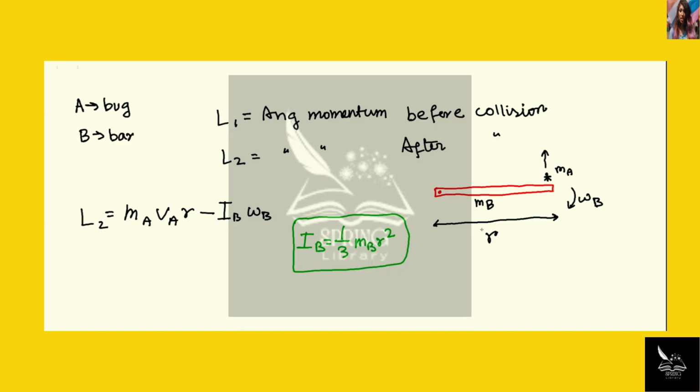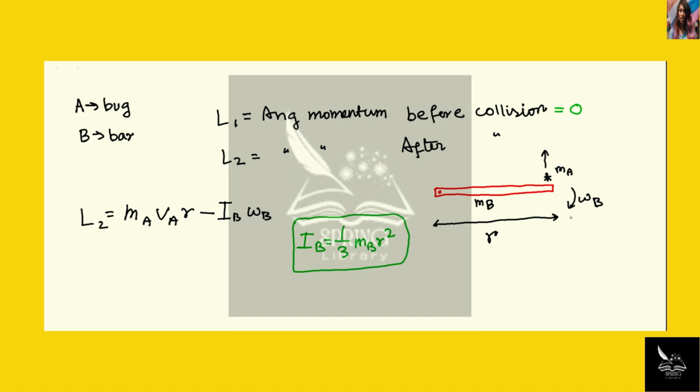So if we apply conservation of angular momentum here, we see that before collision, the angular momentum is zero because the system was at rest. But after the bug jumps, there will be some non-zero angular momentum, and we can calculate that using this expression, where ma times va is the linear momentum, and we multiply that by the radial vector, so that gives us the angular momentum.